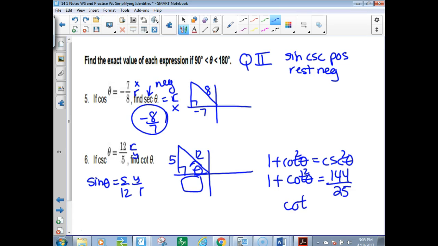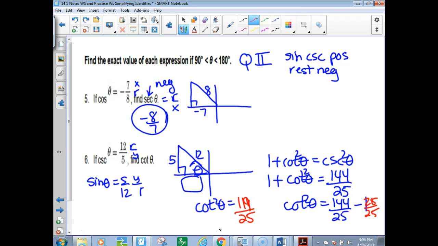So go ahead and take your calculator if you need to and subtract 1 from 144/25. What's 144 minus 25? 119. Okay, that's 119, and this is 25.